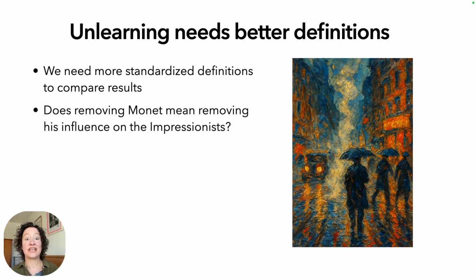Then we need to think about the actual way that people outside of machine learning think about unlearning. So let's say that we remove Monet. Does that mean that Monet disappears? Does removing Monet mean we have to remove all the impressionists, right? We have lots of work, particularly if we're talking about creative work, that is inspired, derivative, stolen, borrowed, all of those things.